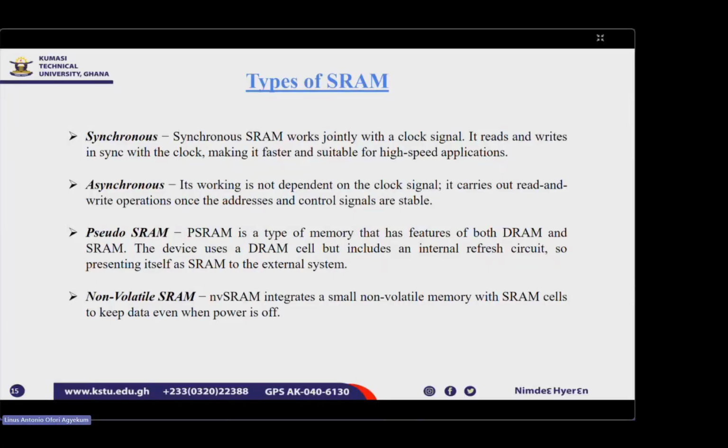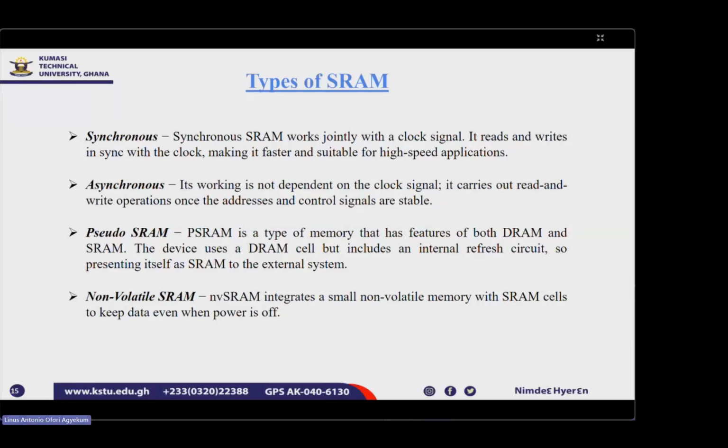So whereas the synchronous static RAM works jointly with the clock signal, the asynchronous SRAM only needs the address and control signals to be stable, and it'll work perfectly.